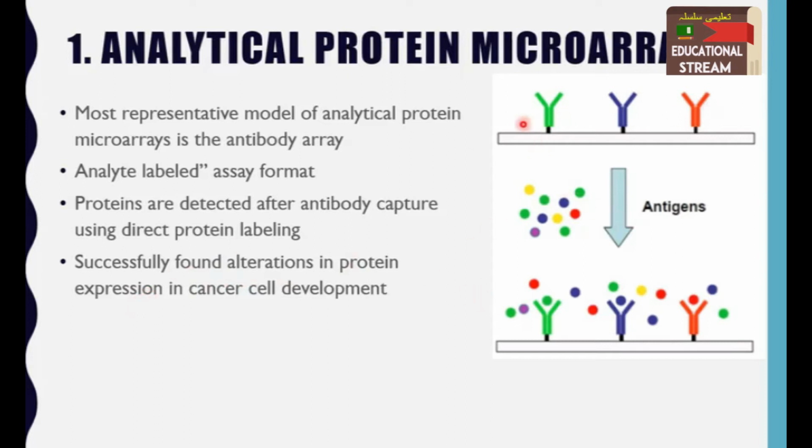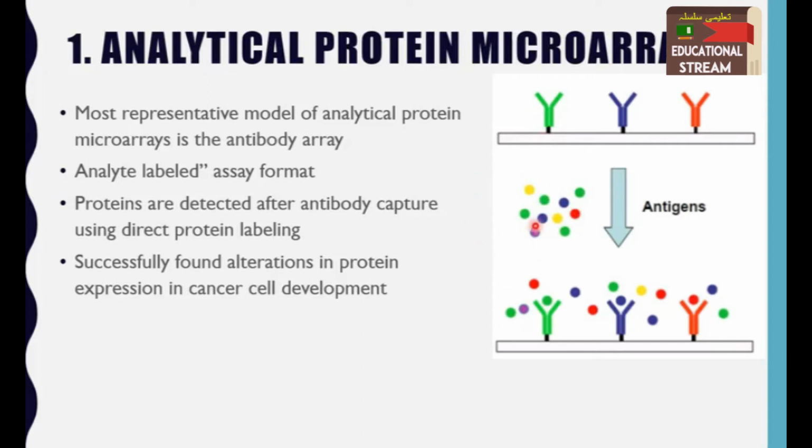So as you can see in this diagram, we have captured the antibody on the glass slide. Then we have added the proteins which were labeled in different colors. Like you can see the yellow color, green color, blue color, purple color, red color.